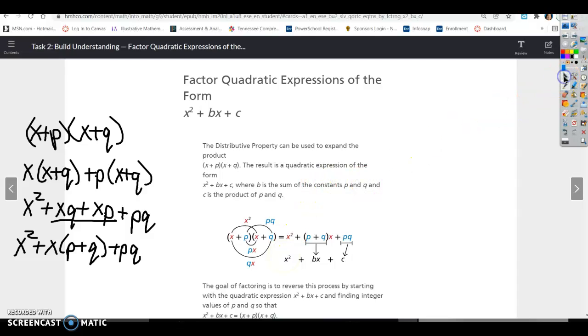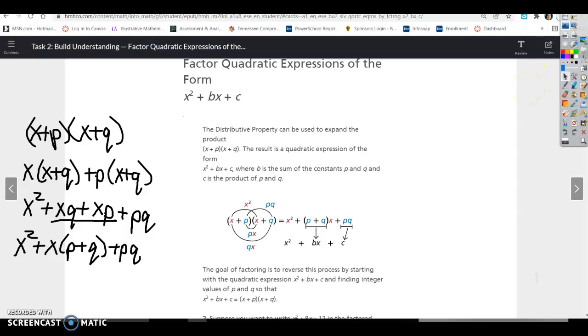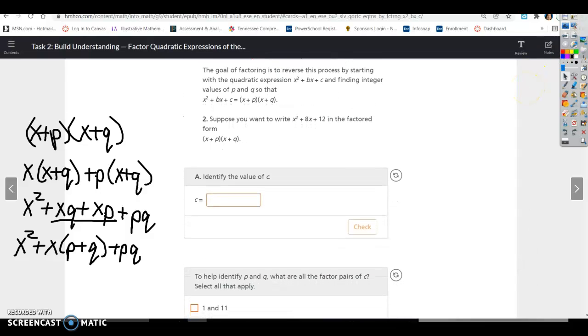So distributive property is what we're looking at. Again, this is factored form, and this is standard form, and they're just using variables to look at this process. It says the goal of factoring is to reverse the process of starting with a quadratic expression and finding integer values of p and q so that x squared plus bx plus c equals this factored form.